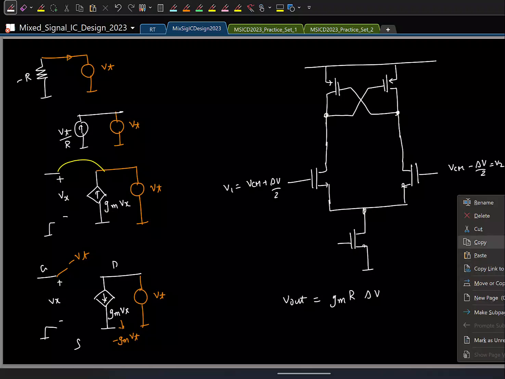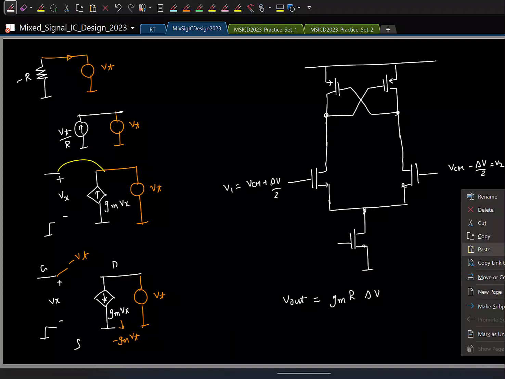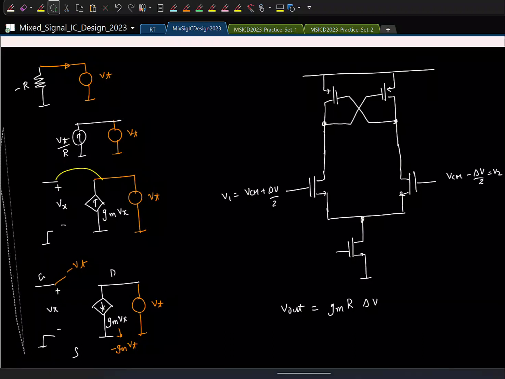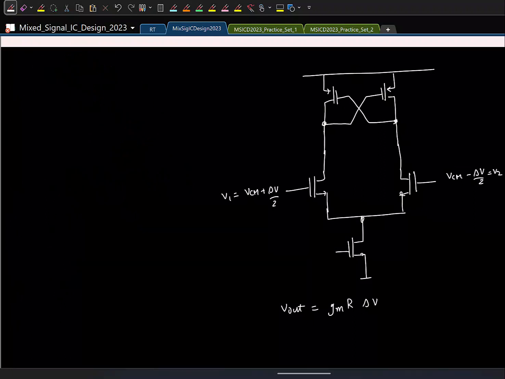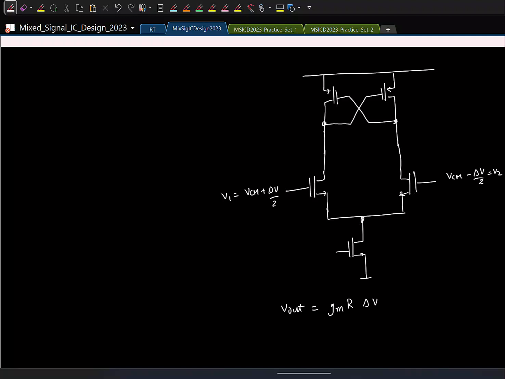So let's see what happens. Here, if you think about it, let us say initially I call this Vx and Y. Initially, let us say Vx and Y both are equal, and we apply the input somewhere here.